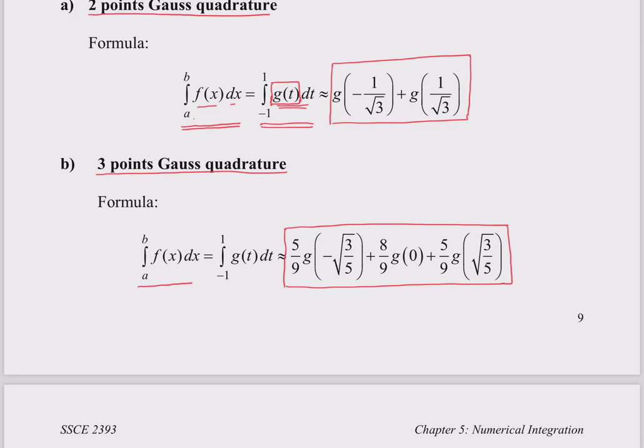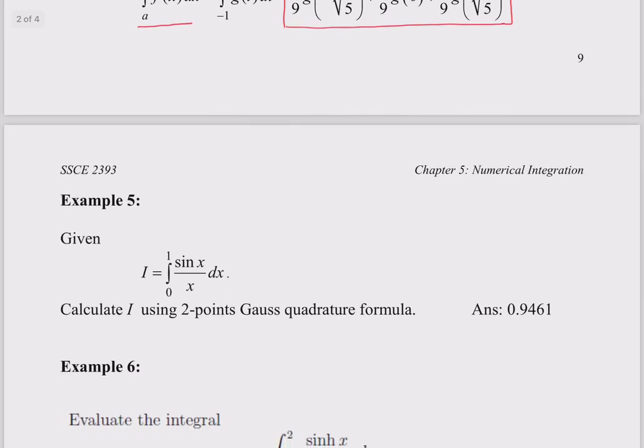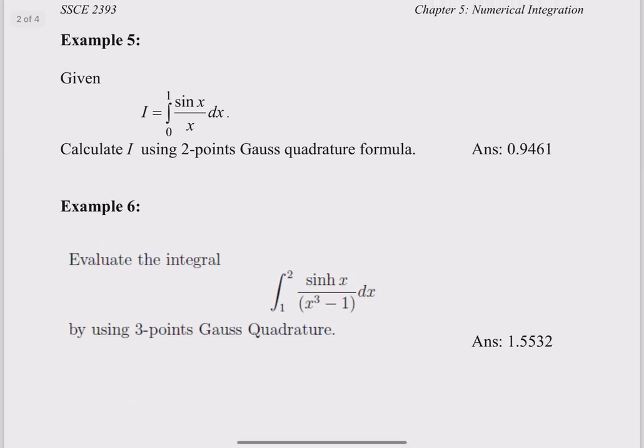Now let's look at an example. How can we apply these two formulas to evaluate our integral? In this example 5, given the integral I is equal to the integral of sin x over x with respect to x, where the interval of integration is from 0 to 1, we need to use the 2-point Gauss quadrature formula.